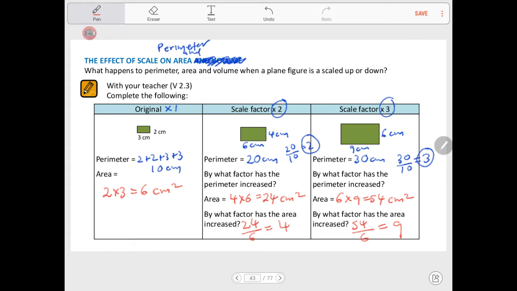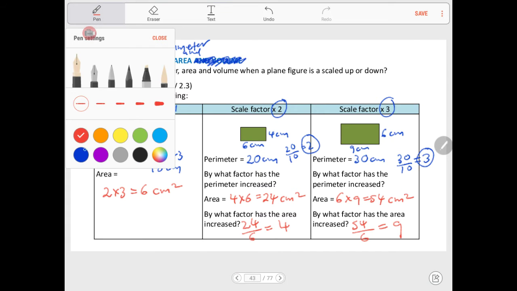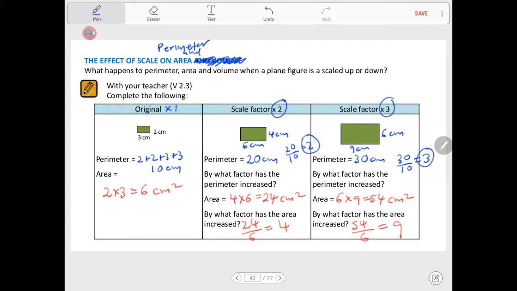Those numbers don't match. Now you might be starting to get an inkling about what the relationship is. Maybe you want to pause the video and just think about it for a while before I say anything. Okay, now if you're not sure what the relationship might be, let's write down the scale factor. I'm just going to make a little table up here.